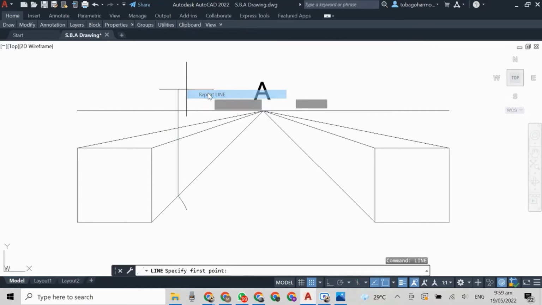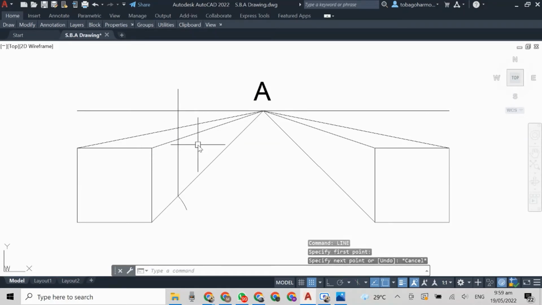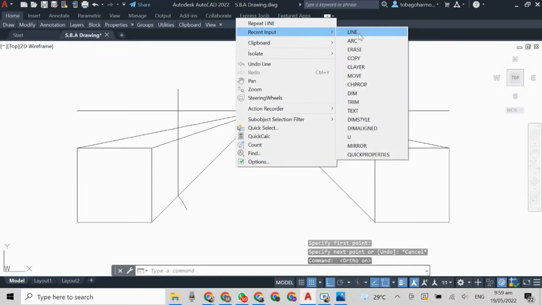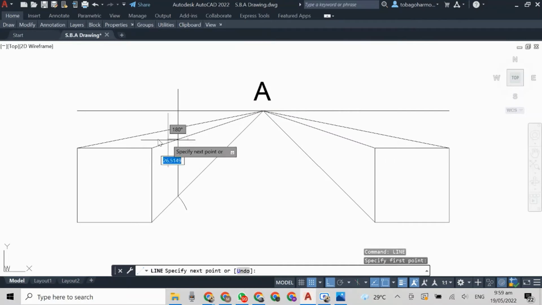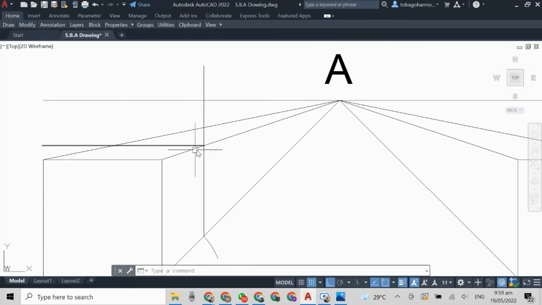And you may be wondering why I'm pulling it all the way up there. It is because the object snap kind of messes around when you are ending by another line, and it wants to snap to a random point, and I don't want that to happen. So I pull the lines past the point that I desire, and I will go back and trim it afterwards.